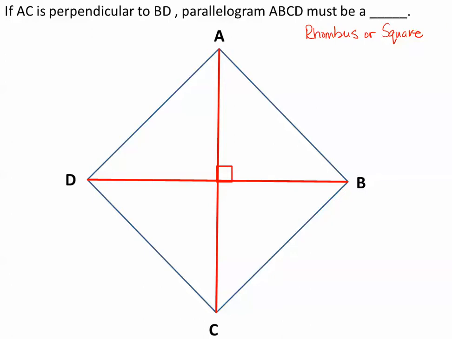And remember, you would think kite because you know its diagonals are perpendicular, but a kite isn't a parallelogram. It kind of falls in there with the trapezoids. It's a special quadrilateral.